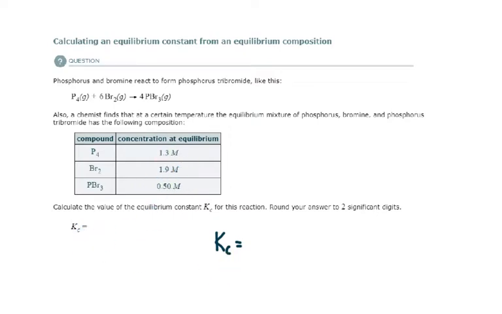Okay, so Kc is equal to the concentration of phosphorus tribromide to the fourth power divided by the concentration of phosphorus times the concentration of bromine to the sixth power. Okay.